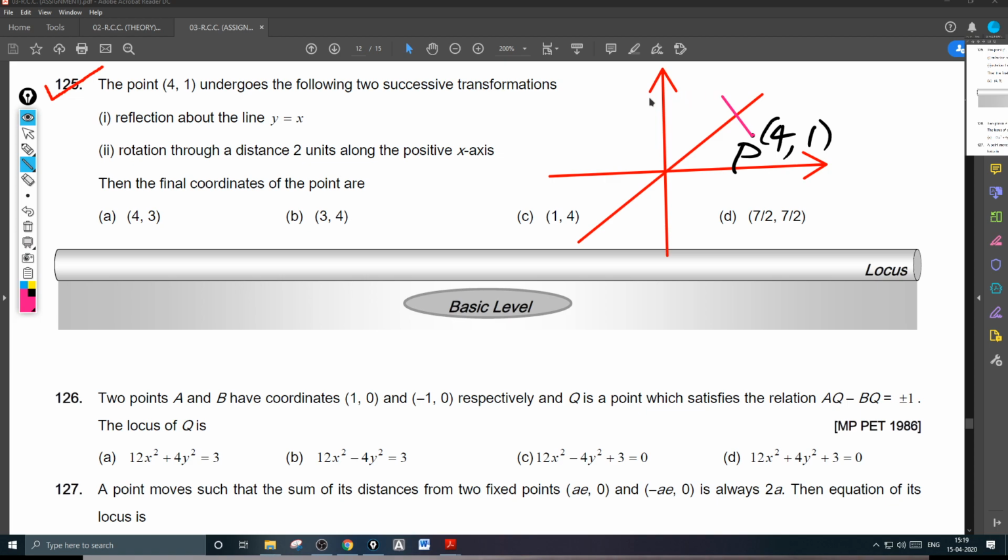So whenever any point is reflected in the line y is equal to x, see this: (4, 1) becomes (1, 4).